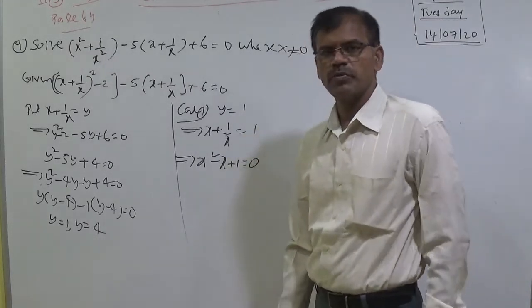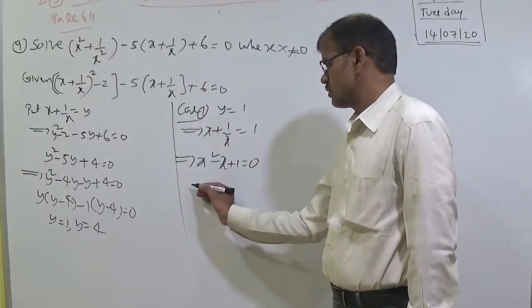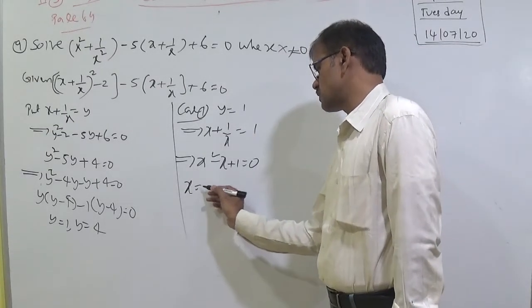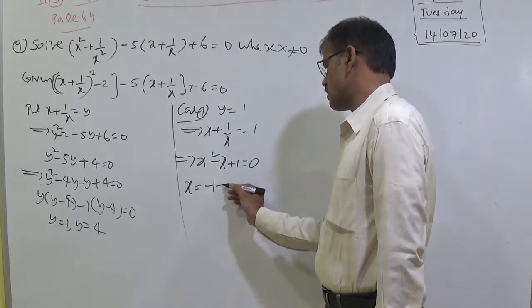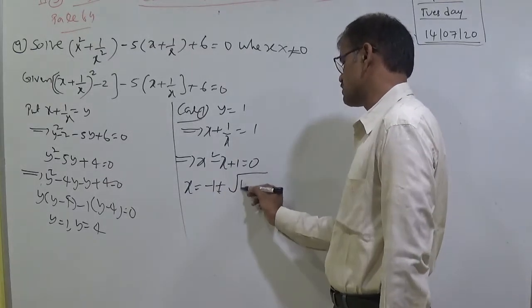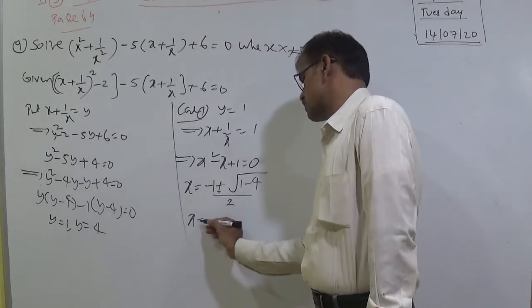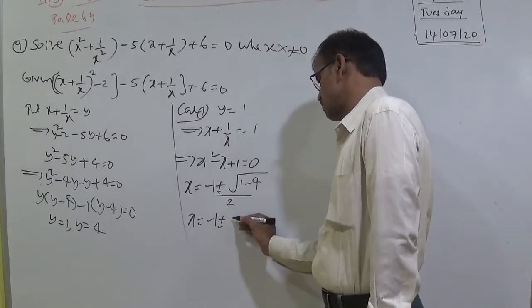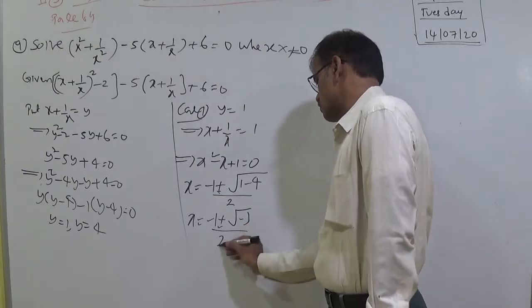This is omega square modulus. If you know complex numbers you can say easily. Of course we did not discuss the chapter, that is why you can write this one using minus b plus or minus root b square minus 4ac by 2a. So x is equal to 1 plus or minus root of minus 3 by 2.